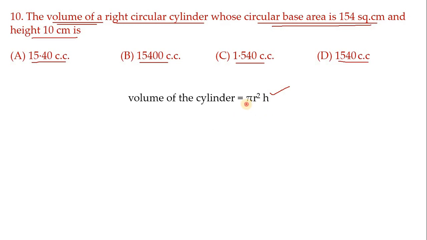Now in the place of pi r square substitute 154 and in the place of h substitute 10. Now multiply these two. 154 into 10 is 1540 cc, means cubic units. Now the correct option is option D. Move on to the next one.